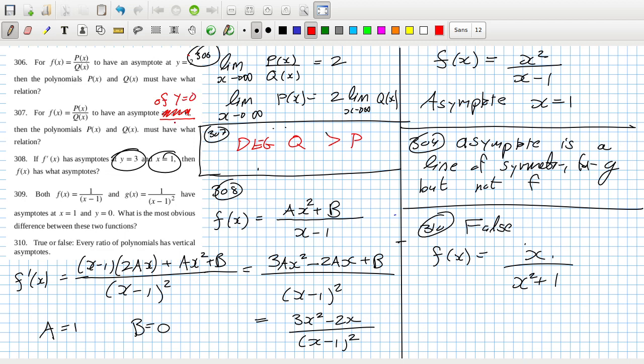For it to match the answer at the back, the degree of Q has to be greater than the degree of P. So for this one to have an asymptote at y equals 2 is a horizontal line. I think they must maybe mean of y equals 2, but there's no answer at the back, so I can't know. Yeah, okay, I think that one should say of y equals 0.